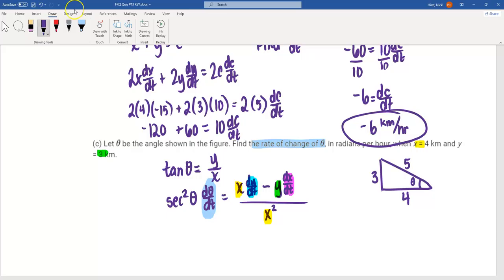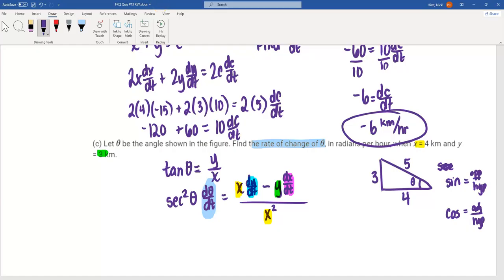But let's think about this. Remember, sine is opposite over hypotenuse. SOHCAHTOA. Cosine, here's the one we really need, is adjacent over hypotenuse.